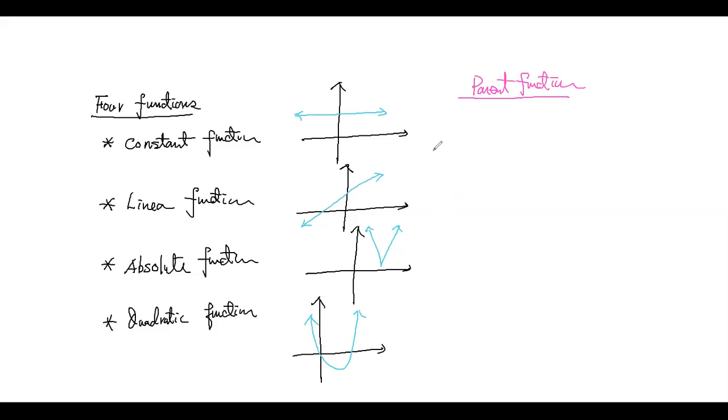For the constant function, the parent function we write is y equal to c, where c is a constant. For the linear function, the parent function we write is y equal to x. Sometimes people call this the identity function.